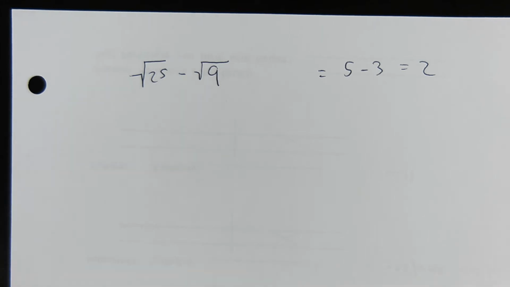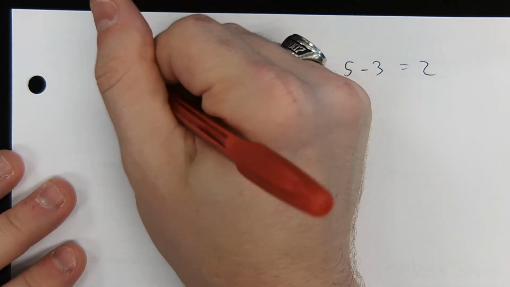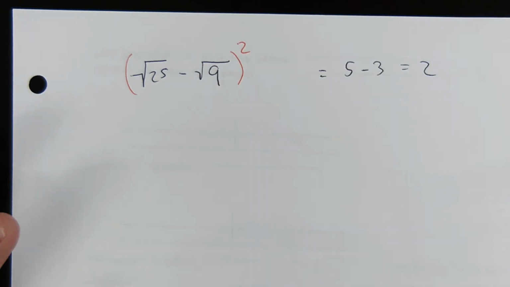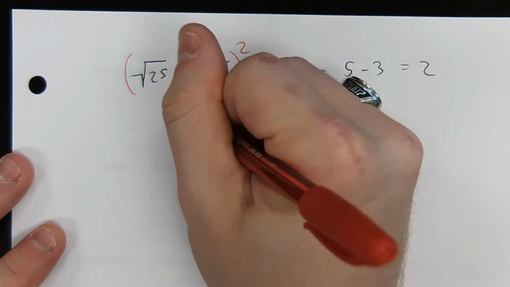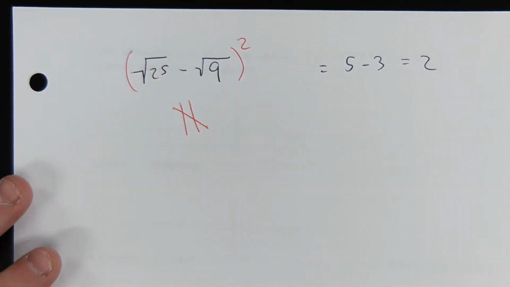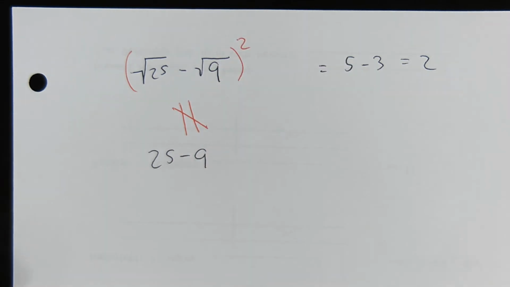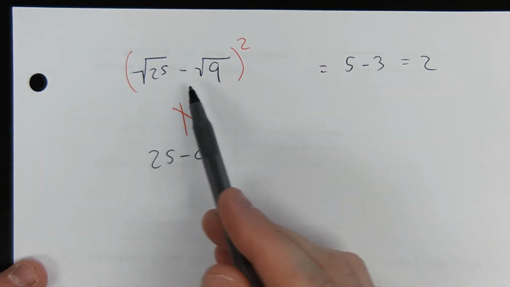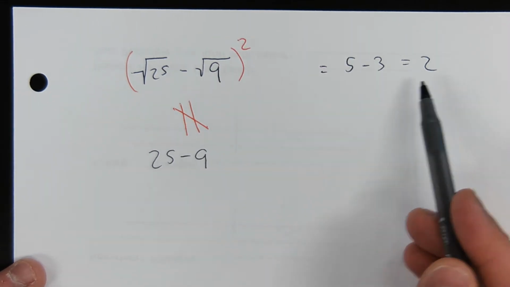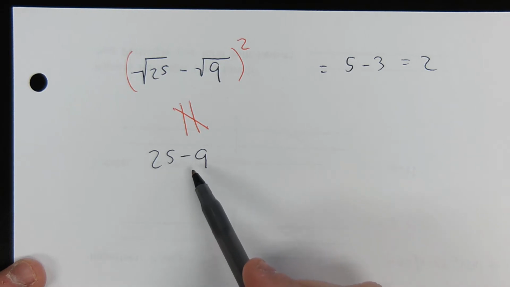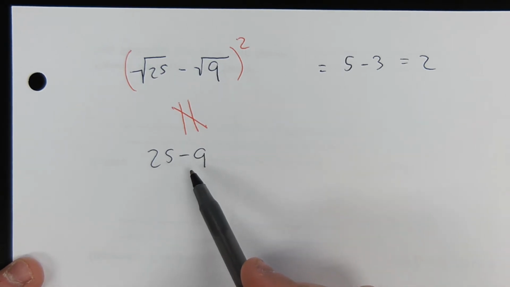But watch this. If you try to square this, here's what it doesn't equal. It does not equal 25 minus 9. Because we know for a fact that the square root of 25 minus the square root of 9 is 2, right? But 25 minus 9 does not equal 2. So we know this is not allowed. But why is that not allowed? What's happening?